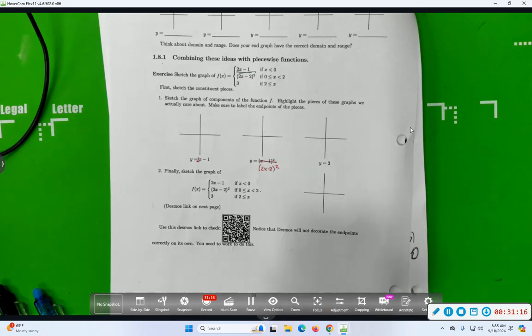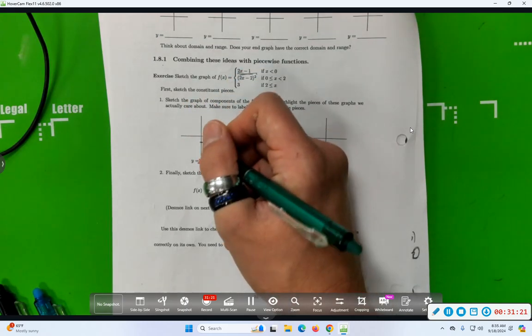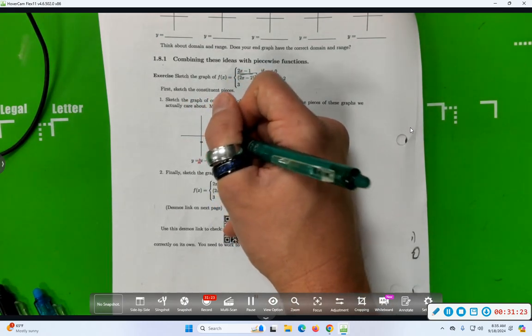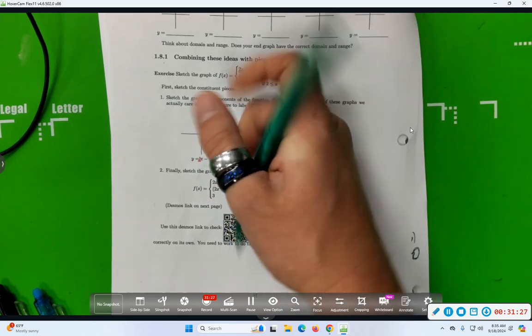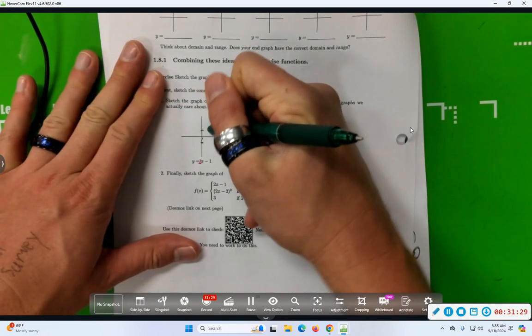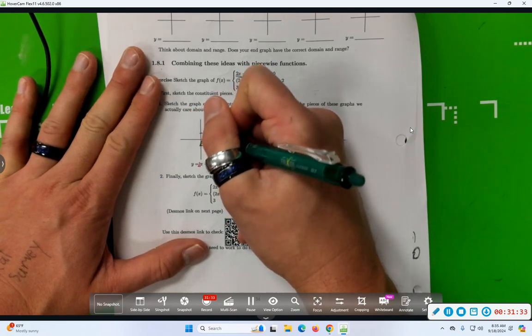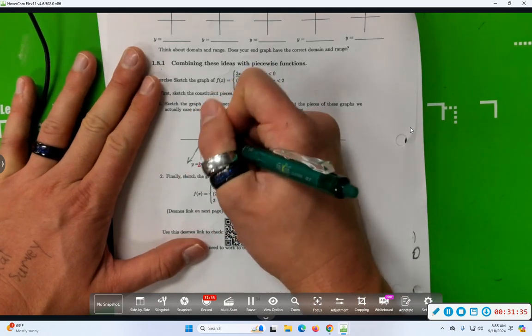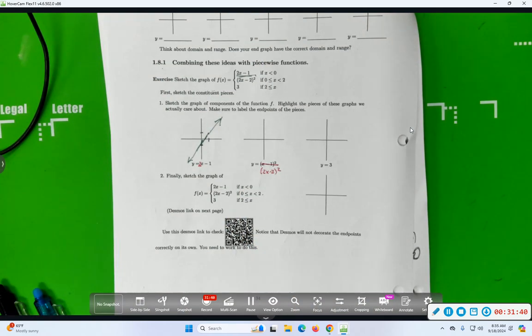So, let's start here at 0, -1, and this thing has a slopiness of 2. I think that's a good enough picture for now. All right, and that seemed pretty okay.